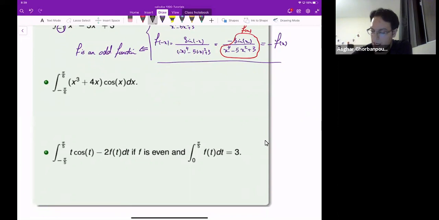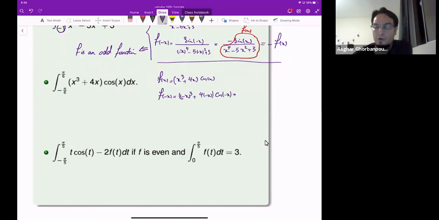Okay, so again, since I already know that I'm using the symmetries, I define the integrand to be my function, f of x. And when I plug in minus x there, this will be minus x cubed plus 4 times minus x, cosine of minus x.